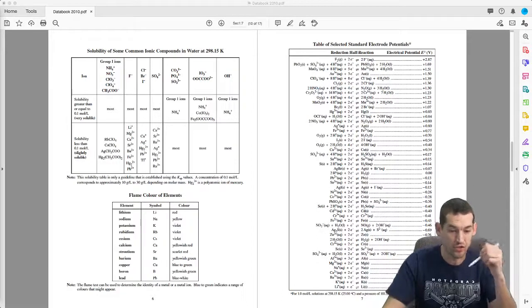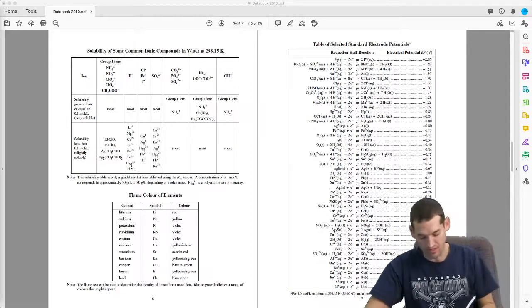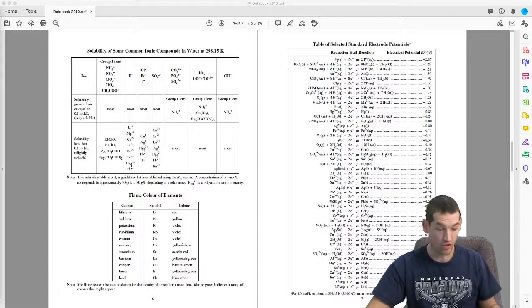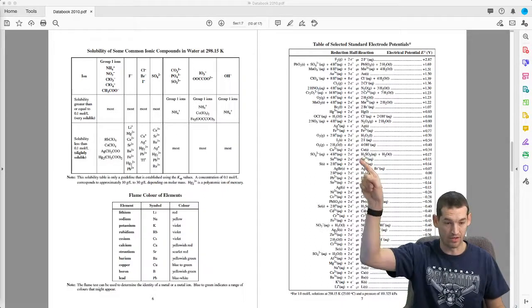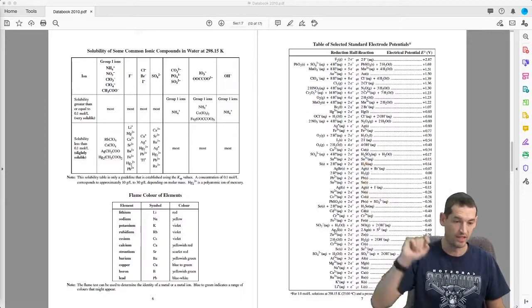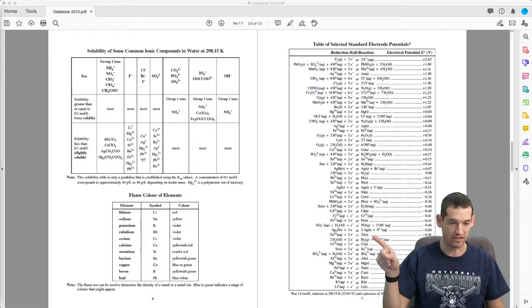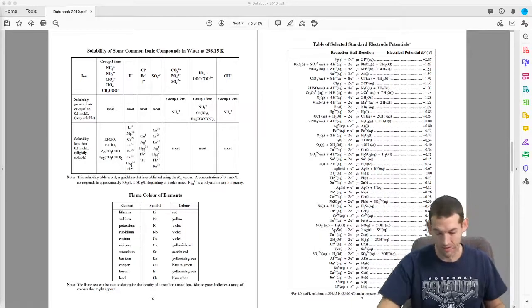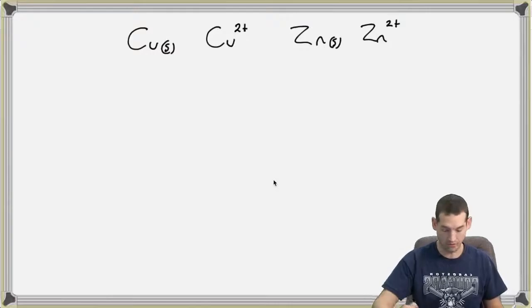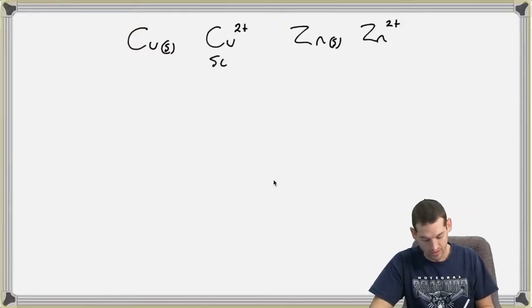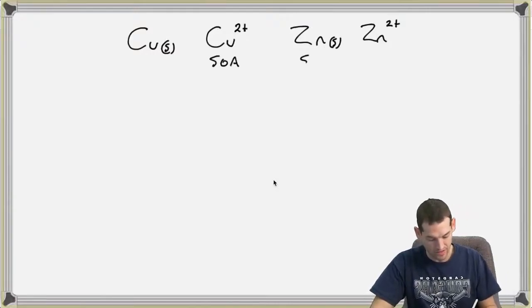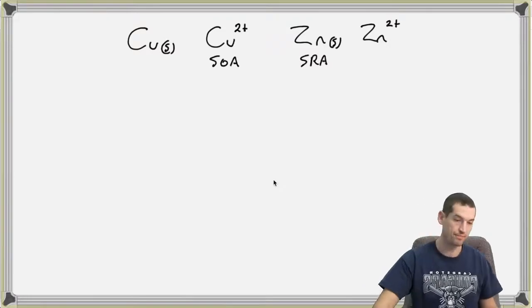Out of the 2, the copper 2 positive is going to be my SOA, since it's higher up on the left side. And zinc solid is going to be my strongest reducing agent, my SRA.